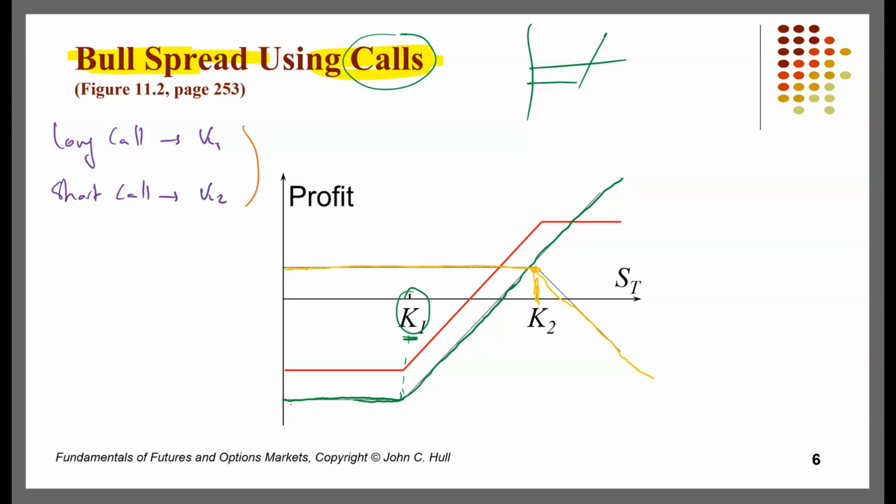For a bull spread, K2 has to be greater than K1. That is, the short call is going to have a higher strike price than the long call.